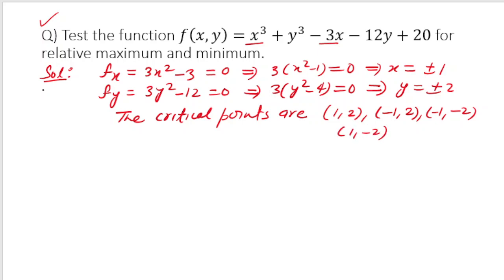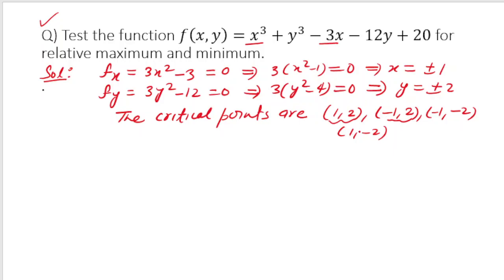I hope you understood this, because I could have written it like x is equal to 1, y is equal to 2. So I got the first point. x is equal to minus 1, y is equal to 2, second point. x is equal to minus 1, y is equal to minus 2, and x is equal to 1 and y is equal to minus 2. So there are 4 critical points we have got.